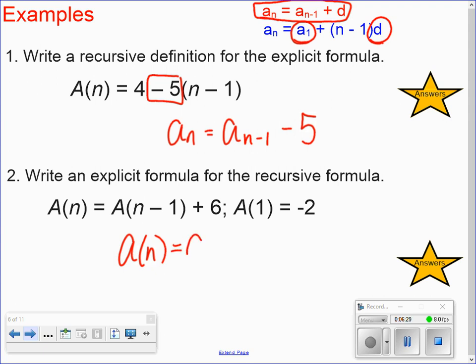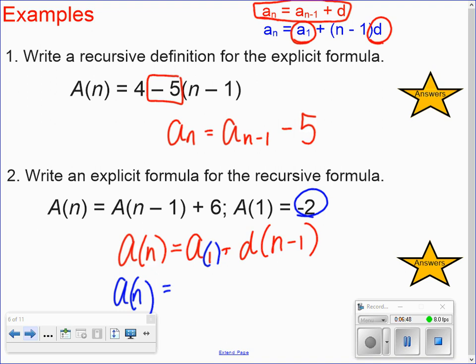So I'm going to go ahead and write out my formula here. Okay, so we need our first term. Our first term here is negative 2. So they give us our first term, so that's negative 2.